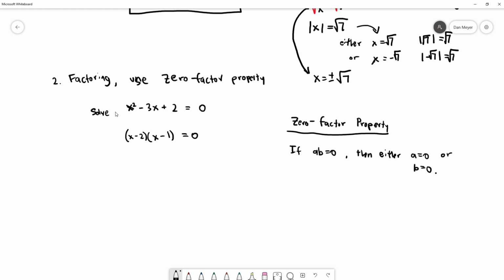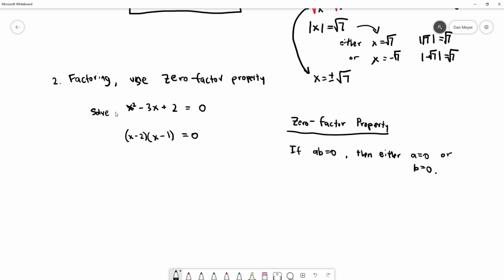If any of you have done any matrix multiplication in your Algebra 2 courses in high school, or took pre-calculus in high school maybe, you might have learned that you can multiply two matrices together to get 0 where neither of the matrices are 0. That's just for folks who've seen matrices before.